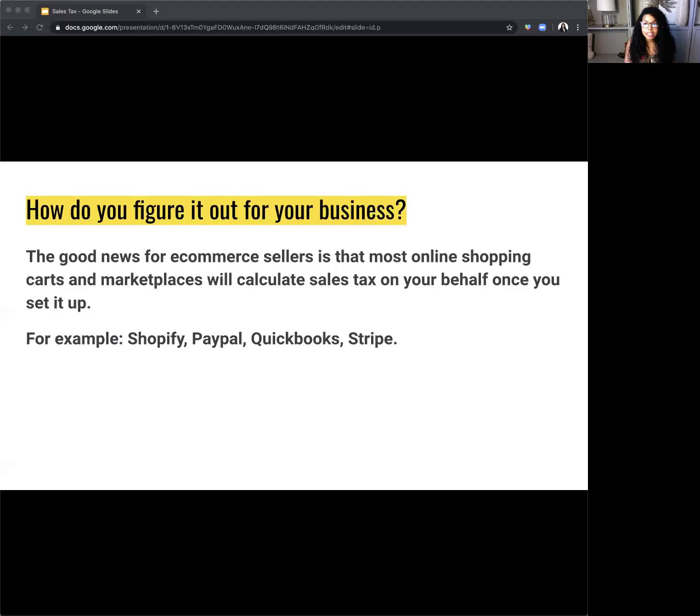So if your customer lives inside of Atlanta, the total amount of sales tax would be 8.9%. If your customer lives outside the city limits, the total tax will only be 7%. So as you can see, this can become a very tedious process, and you need to be able to get it right. Because like I said, if you are operating as a registered business, you're going to be responsible for all of this.